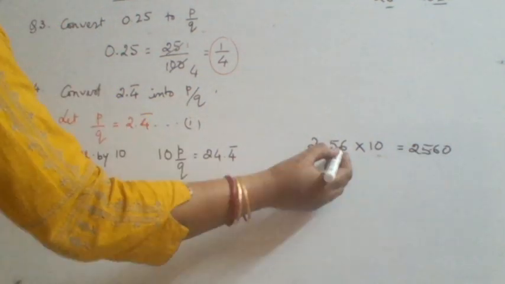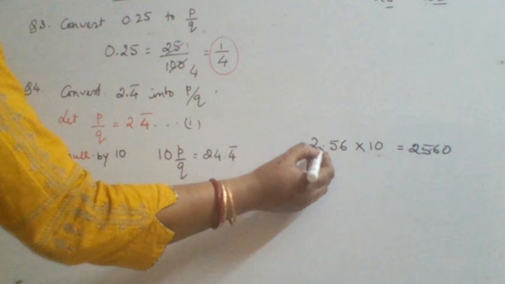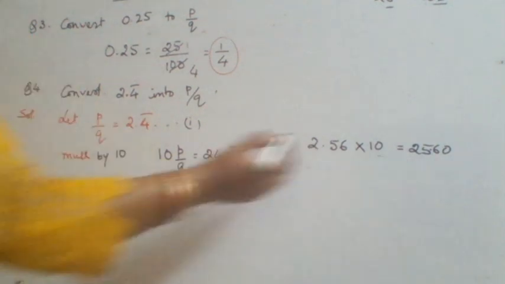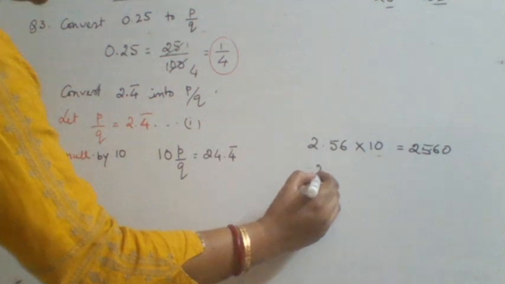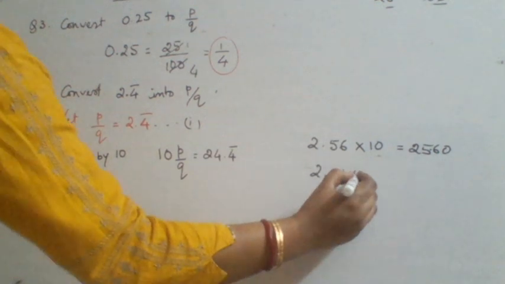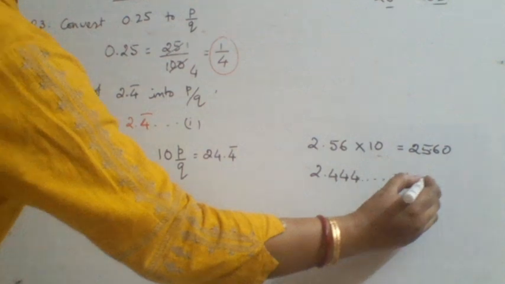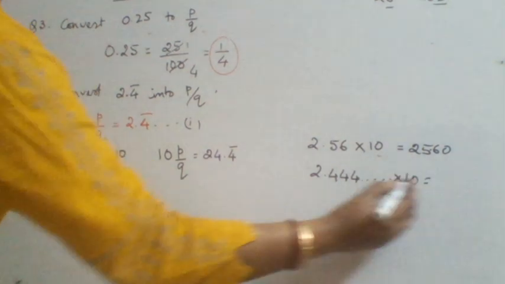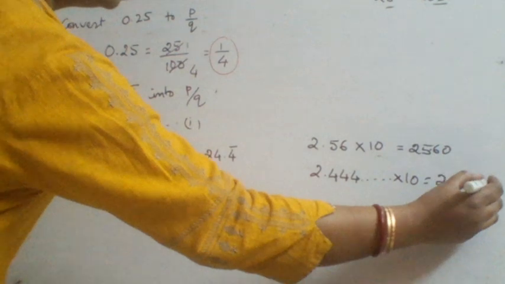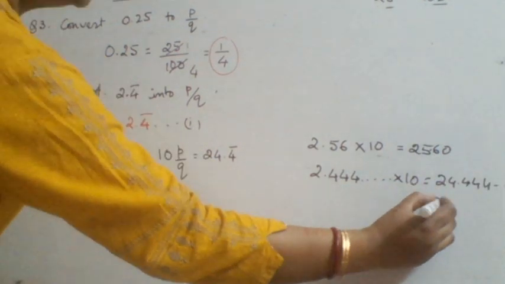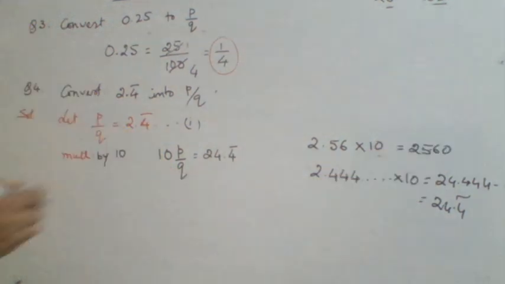So one place goes before, comes over here. In this way you take the product. Because this was 2.444 dot dot dot into 10, when you multiply, one 4 goes to this side and this is your 24.444, like this. So this is equal to 24.4 bar.